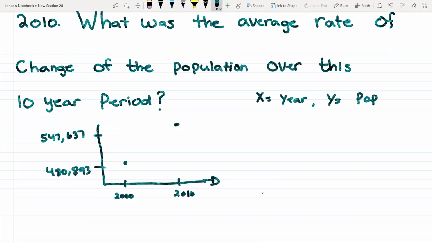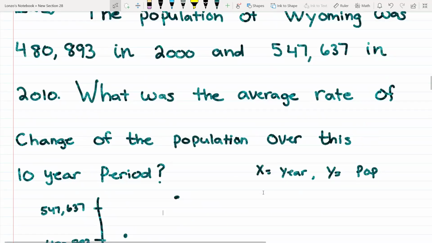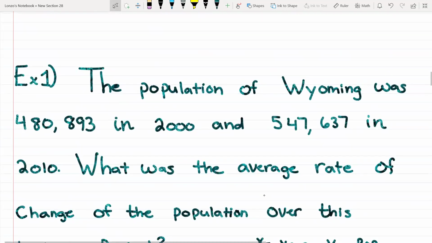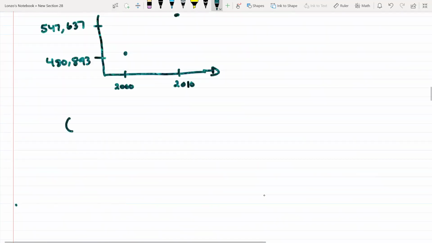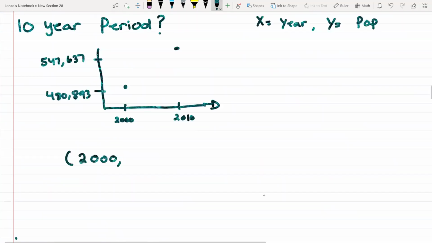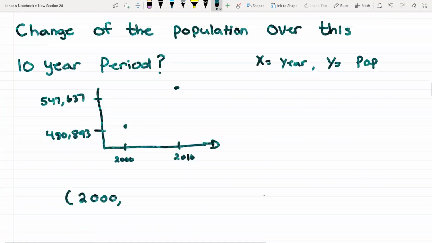So how do we find the average rate of change? Like we said, they don't give us 2 coordinates, but we can find 2 coordinates, right? If x is the number of years and y is the population, we have 2 points already. The population was 480,893 in the year 2000, so our first coordinate is 2000, because our x coordinate is the year, and 480,893.